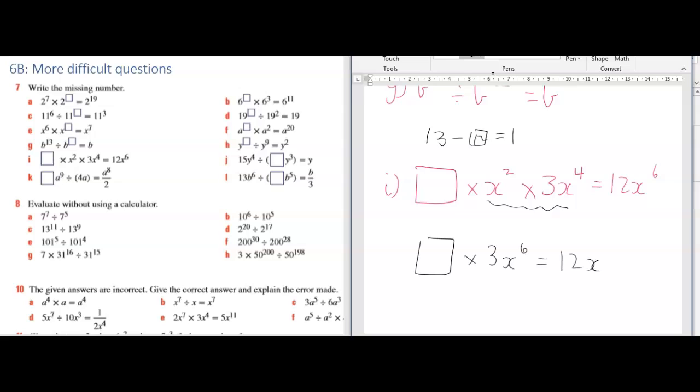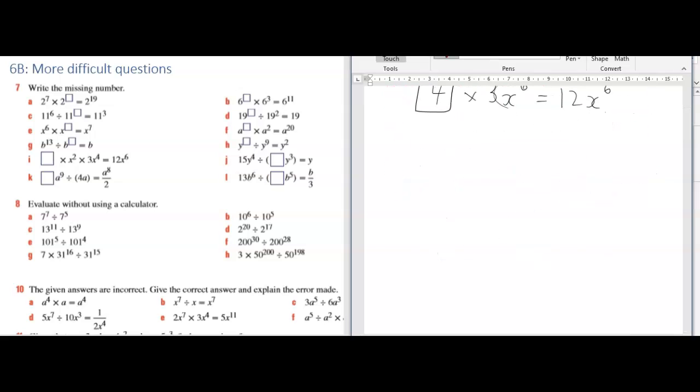Equals 12x to the power of 6. Now you can say, well, what do I multiply 3x to the power of 6 by to get 12x to the power of 6? We've already got the x to the power of 6 here, so we don't have to add any more x's, but we've got a 3 on the left-hand side and then a 12. So to get that 12, we just multiply it by 4. So 4 times 3 gives you the 12.